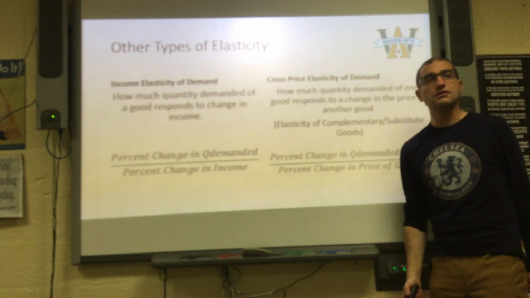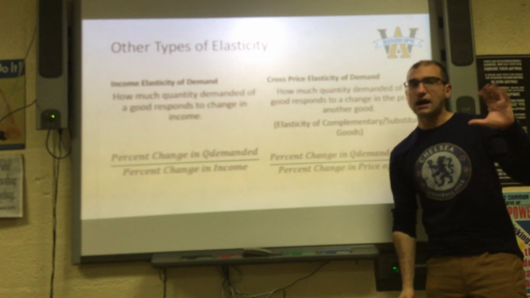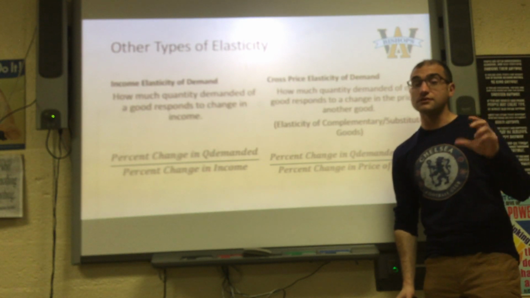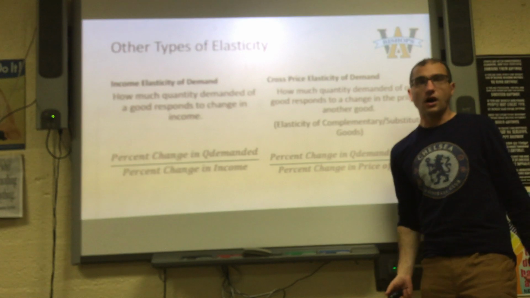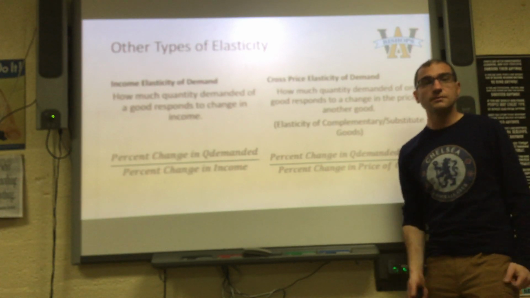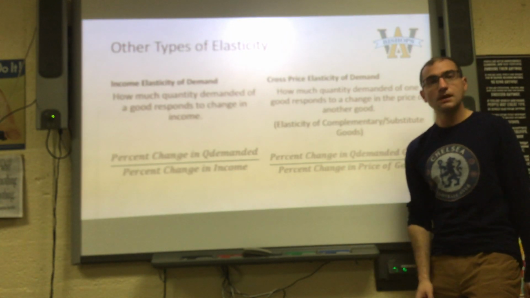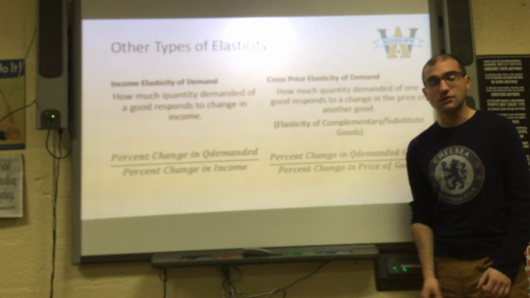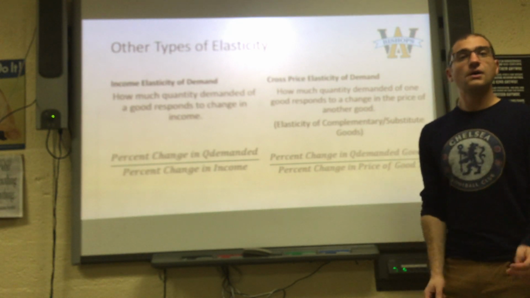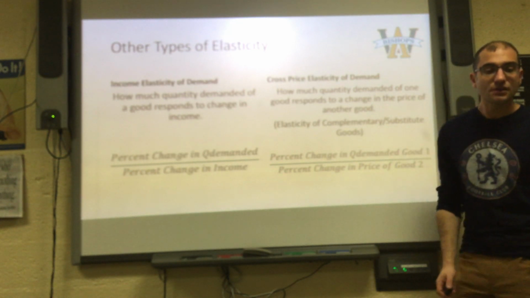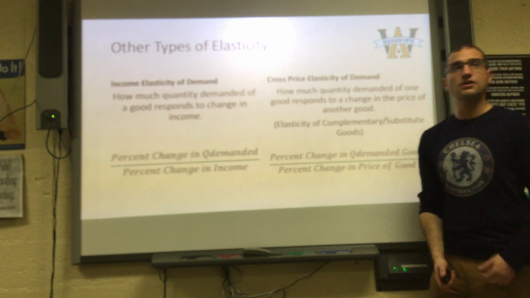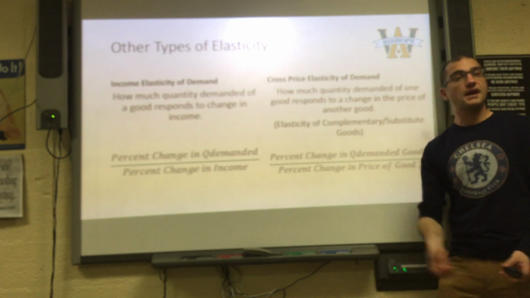We talked about how a determinant of demand is whether or not goods complement each other, hot dogs and ketchup, or whether or not goods are substitutes for each other, hot dogs and hamburgers. What this tells you is if the price of a hot dog goes up, what will that do to the demand for ketchup?